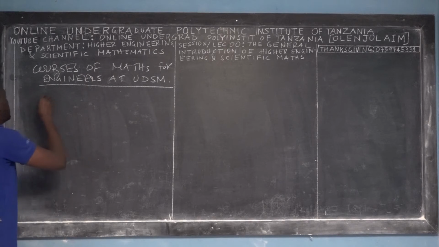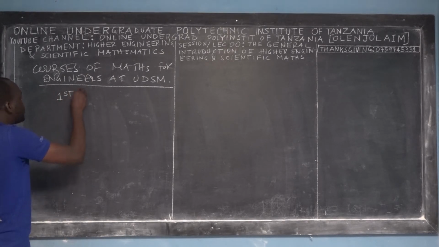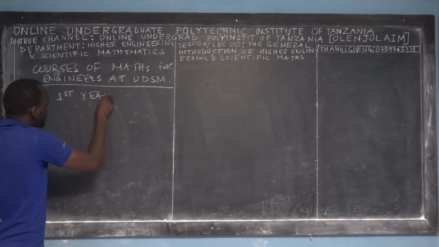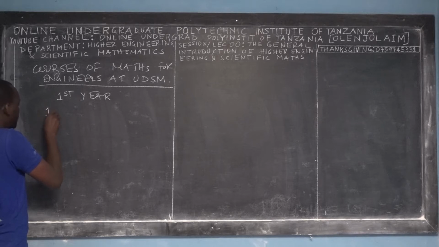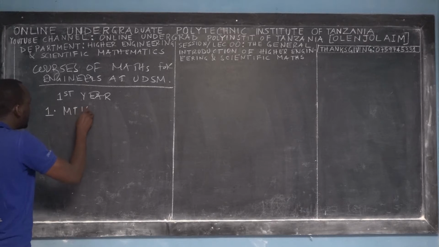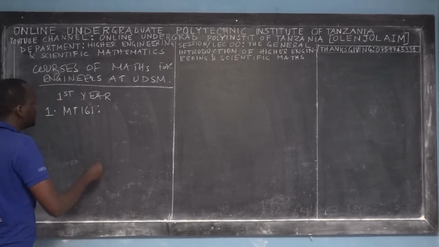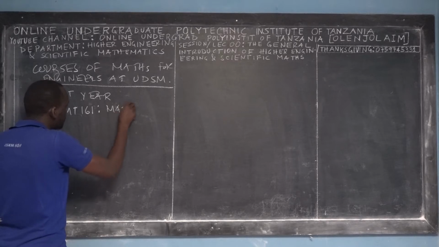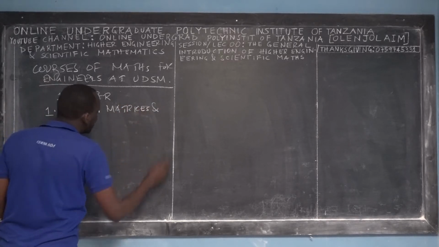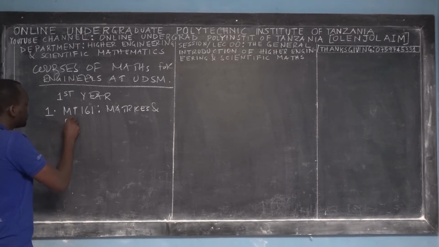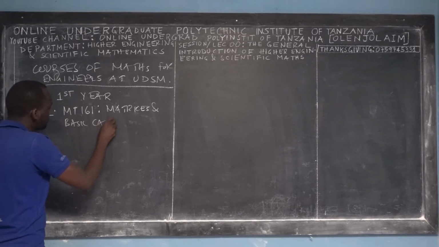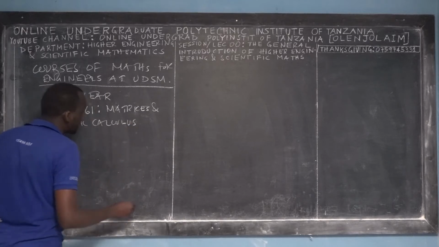So we have the courses that you have to cover during your first year. And if you're a first year watching this video right now, you're warmly welcome. There are modules for the 2 semesters. In the first semester, you'll be learning the module MT 161, which is called Matrices and Basic Calculus for non-measure.